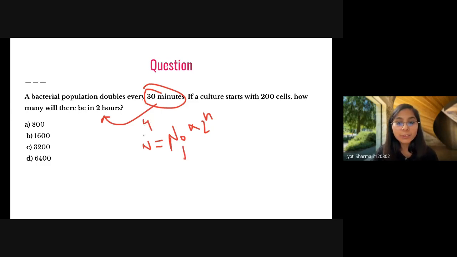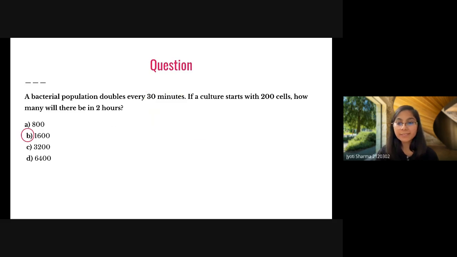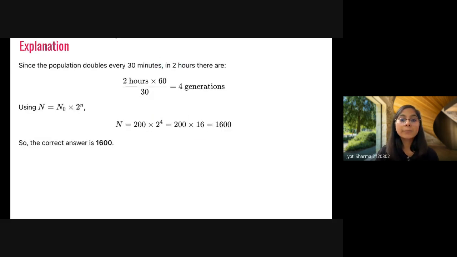And N0 is equal to 200. So now can you tell me the number of bacterial cells that we will have in 2 hours? This will be 1600, and let me show you how.